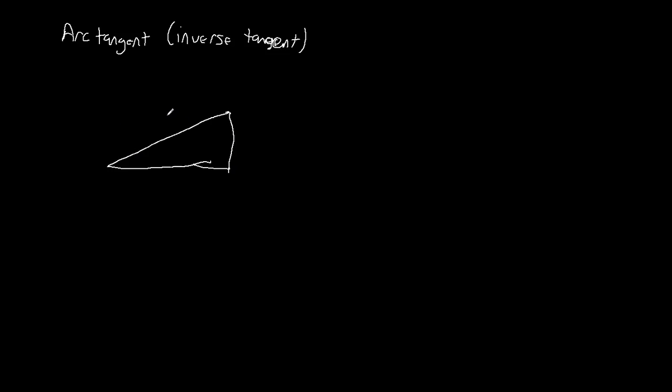So let's say we have this triangle here with side lengths of 5 and 3. And we have this angle, we're going to call this angle theta, right? And so we know that the tangent of theta is going to be equal to 3 over 5, right? That's the TOA, opposite over adjacent.